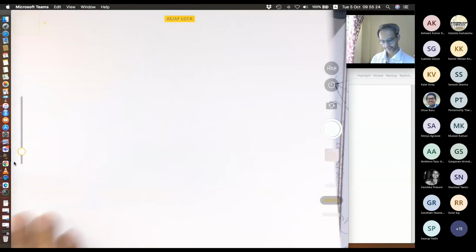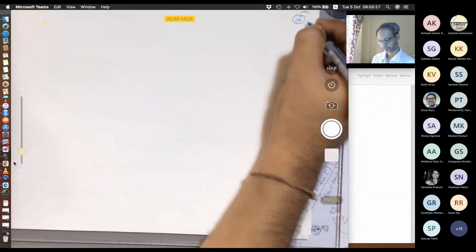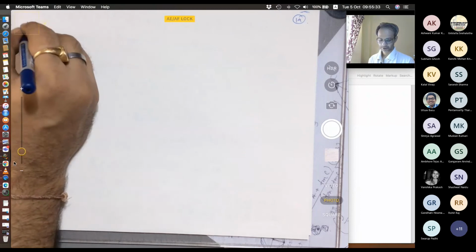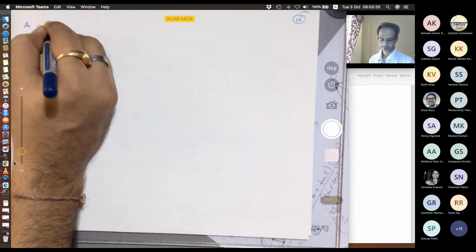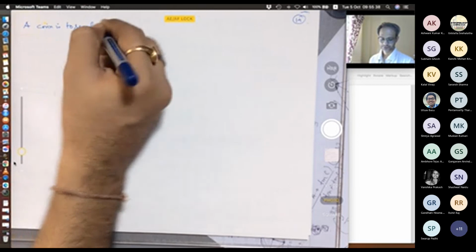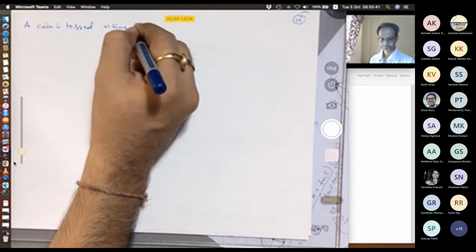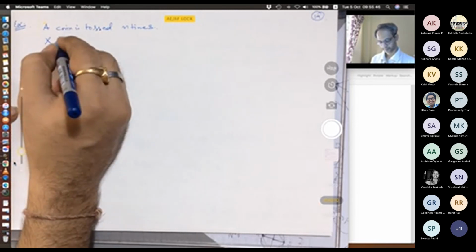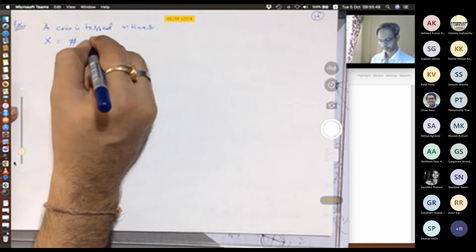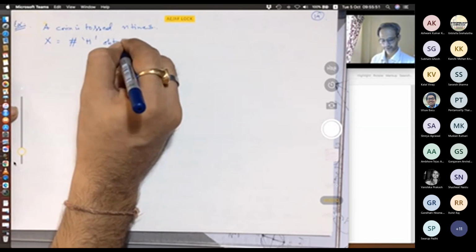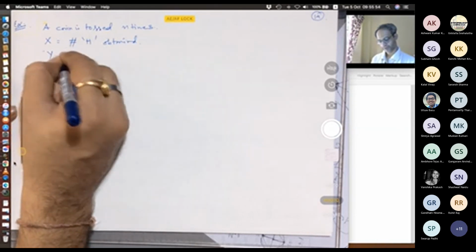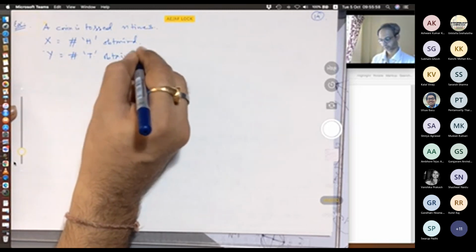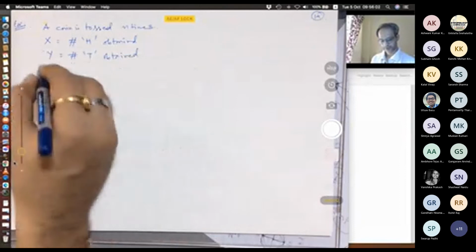Before we leave, let us ask a quick question. Example: a coin is tossed n times. X is the number of heads obtained, Y is the number of tails obtained. What is the correlation between them?